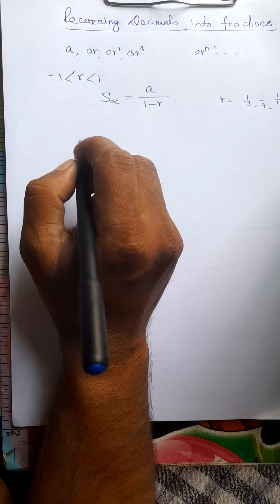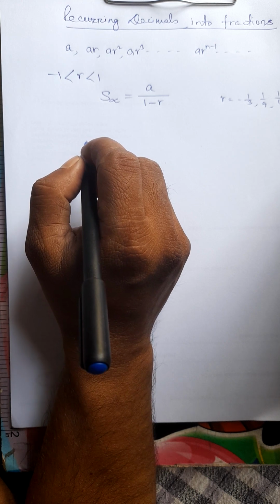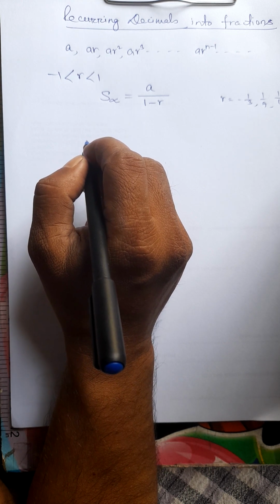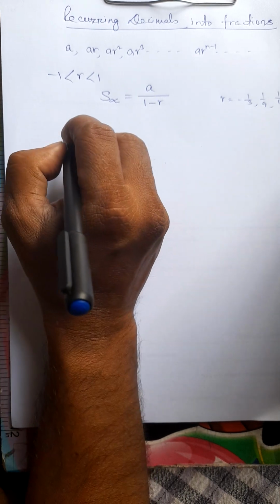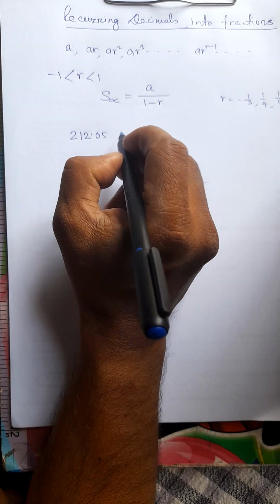Right? Now let us recall the decimal expansion of a decimal number. Say for example 212.05, suppose.